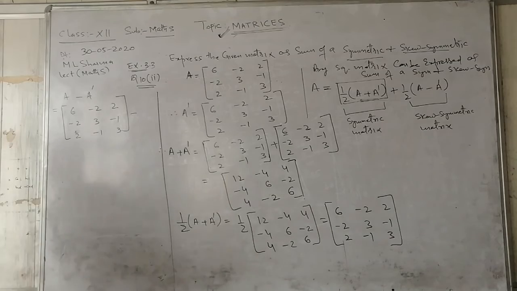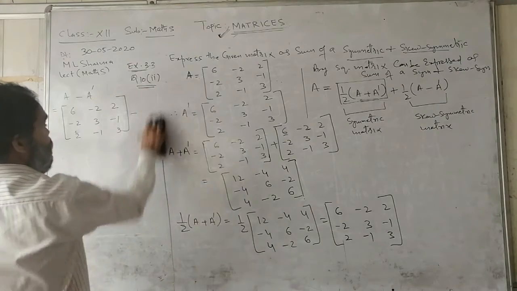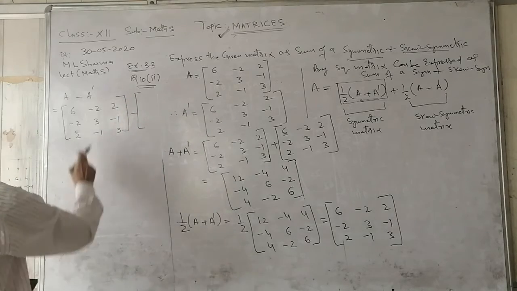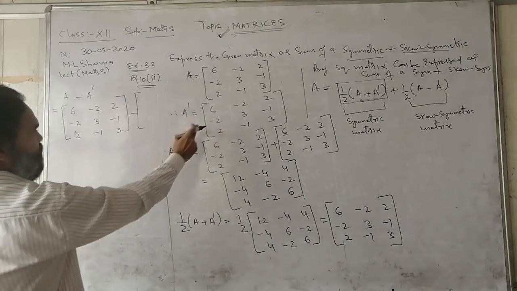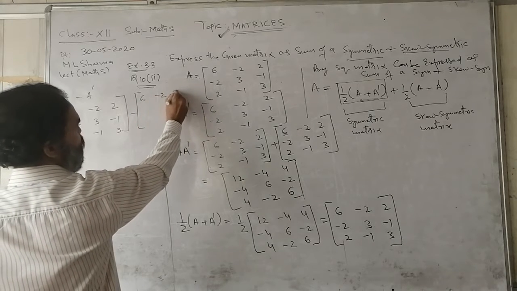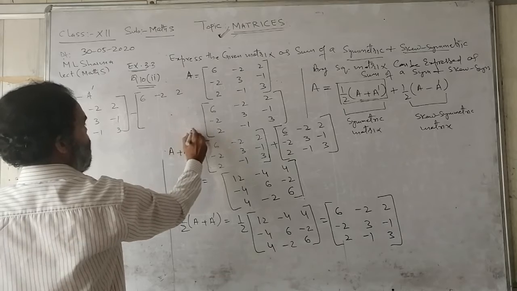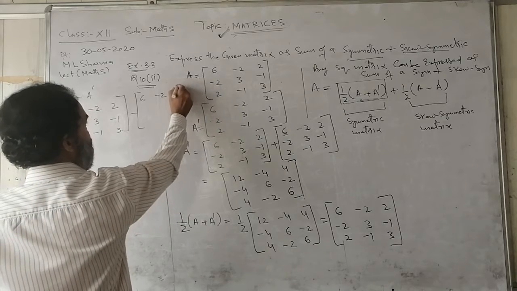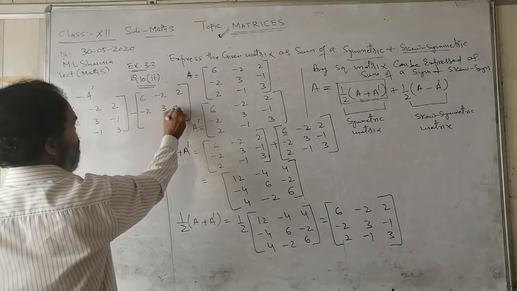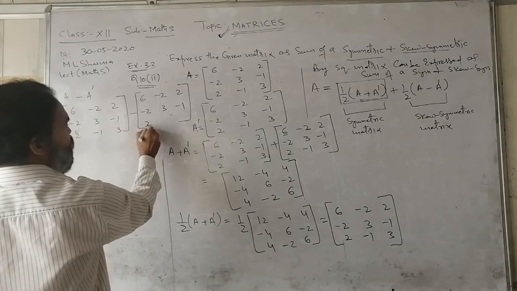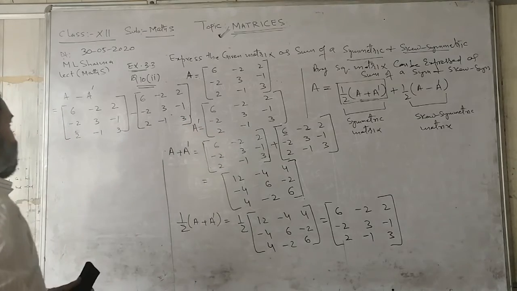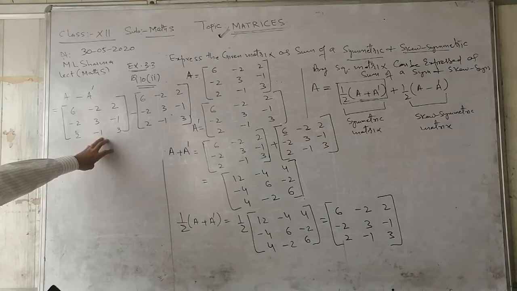Then the elements of A transpose. So A transpose elements are 6, -2, 2. Then -2, 3, -1. Then 2, -1, and 3. So these are elements of A transpose.